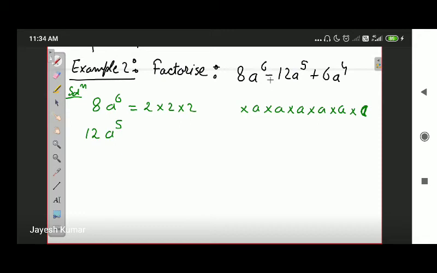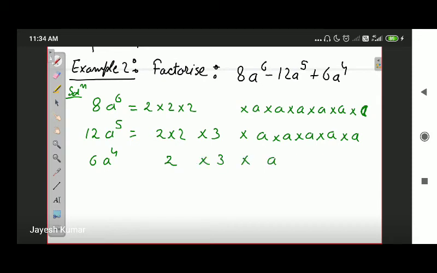We are not bothered with the negative sign. We will consider the negative sign when we are taking common or when we are writing the final expression. 12 is 2 into 2, that is 4, into 3, that becomes 12. And a to the power 5 is 1, 2, 3, 4 and 5, 5 a's. Next is 6a to the power 4. 6 is 2 into 3 into 4 times a.